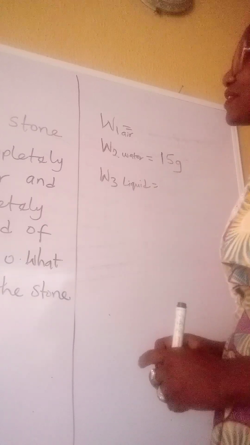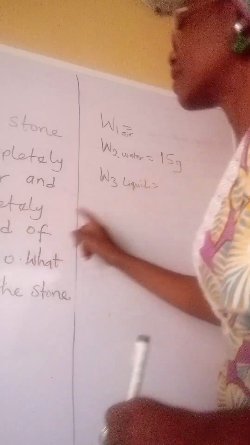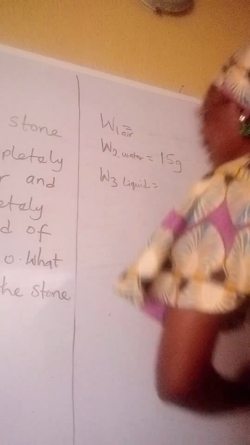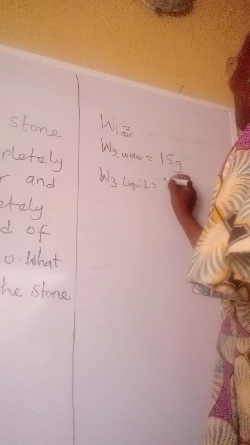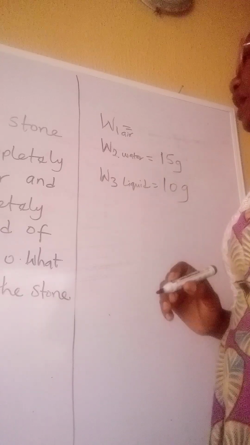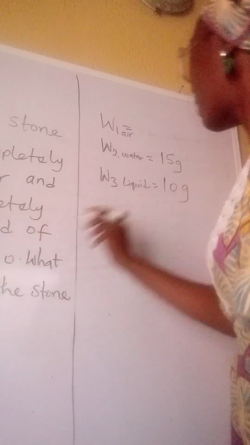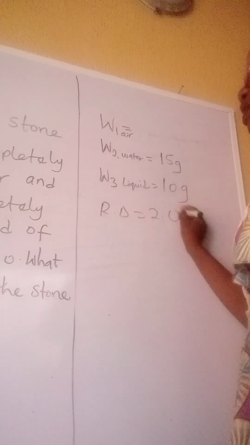Let's read the question further: and 10 gram when completely immersed in liquid. In liquid, is it W1? Is it W3? W3. So we have 10 grams for W3. In liquid of relative density, so we are given the RD, relative density, equal to 2.0.